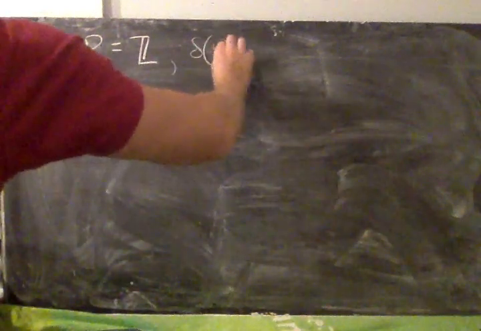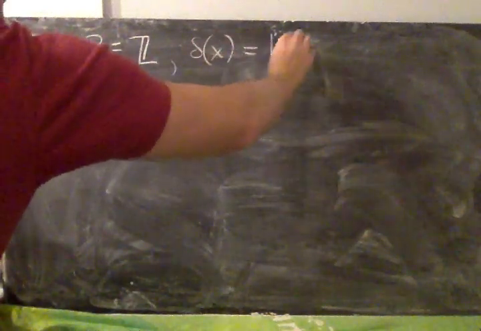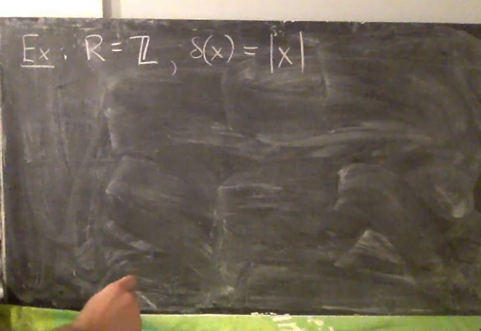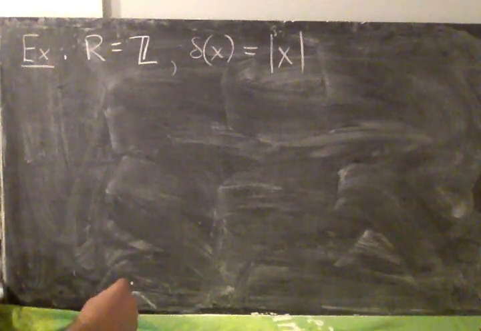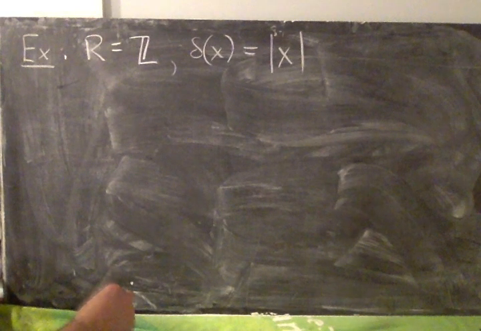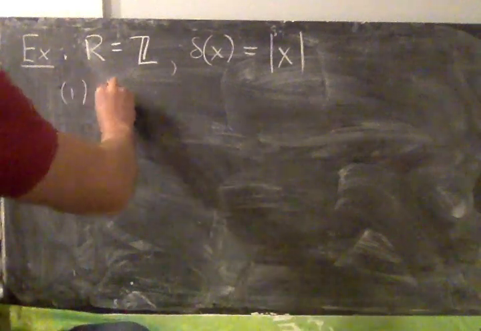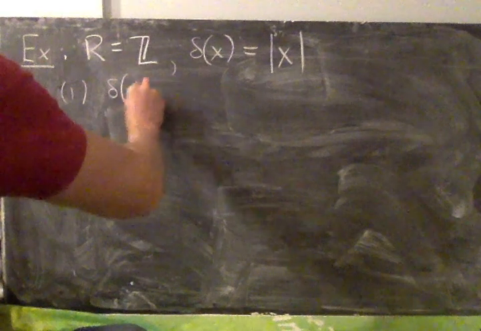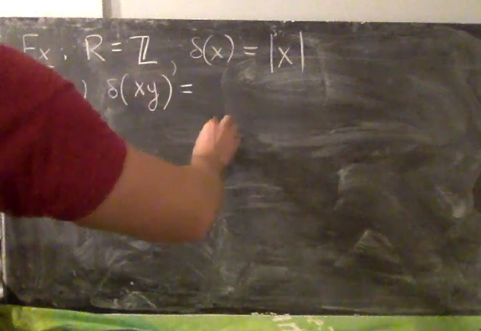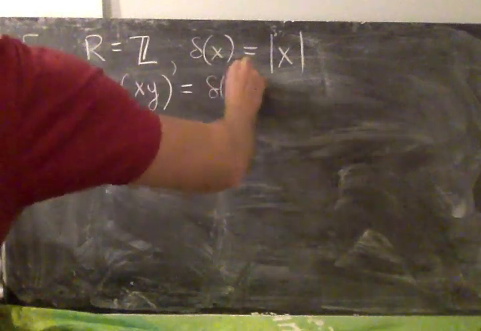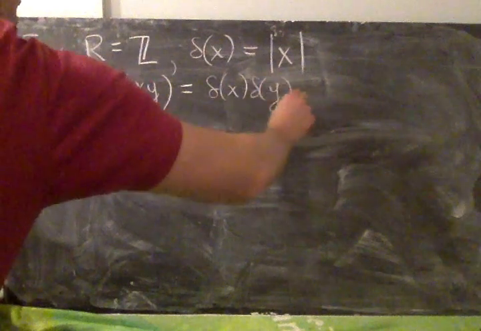Okay, so if we take our ring to be the integers and delta of x to be the absolute value of x, then this defines a Euclidean domain. Why is that? Well, one, delta of xy, which is the absolute value of xy, is delta of x times delta of y.